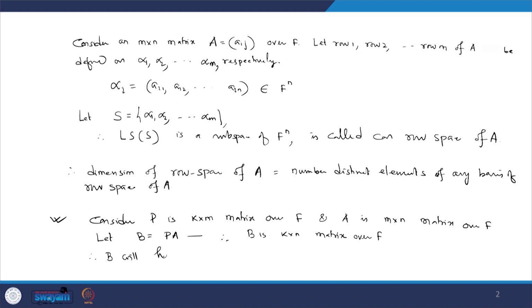B will have k number of rows. Let beta 1, beta 2 and beta k be the first, second and kth row of B. So, what I have considered, let me rewrite this one: B is equal to P into A. B has rows beta 1 to beta k.